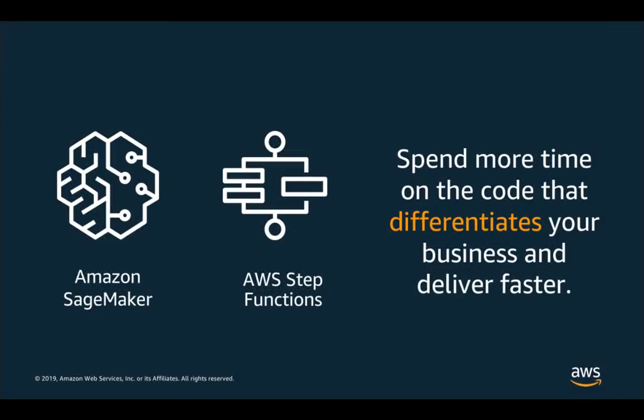So the combination of those services is really great, because SageMaker is really nice when you're experimenting in your notebook. You have the flexibility to use the built-in algos or the built-in environments for the deep learning frameworks.